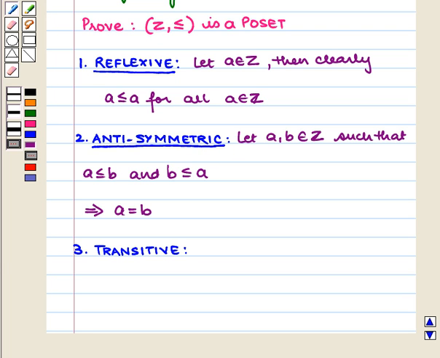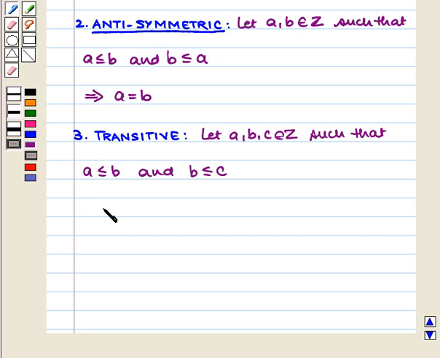Now lastly, we prove it to be transitive. Let A, B and C belong to Z, the set of integers, such that A is less than or equal to B and B is less than or equal to C. Then it clearly implies that A is less than or equal to C. So it is transitive.